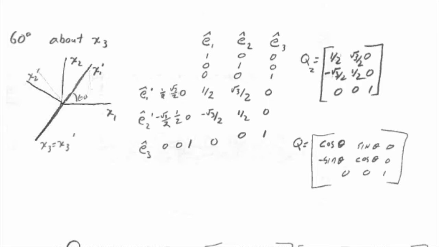Wait. What's that? This can't be right. It's negative, right? It's negative x1. So this is x2 to x1, right? So this is the cosine of 150, right? Is that minus square root of 3 over 2?